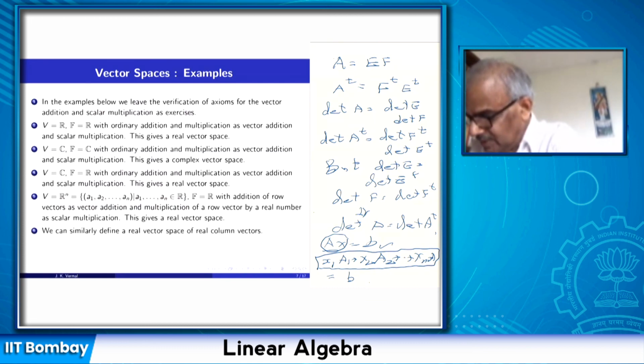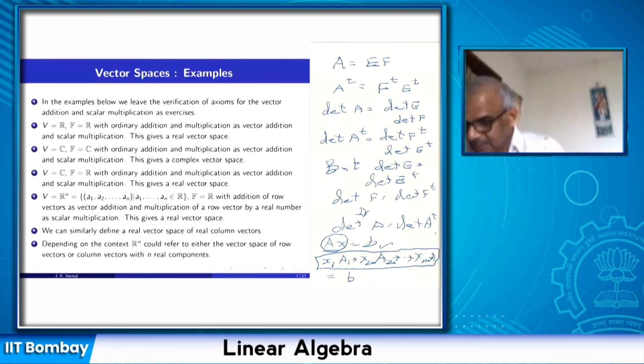Similarly, we define the real vector space of real column vectors. Depending on the context, Rn can be the vector space of row vectors or column vectors with n real components. The context will tell you which one Rn is representing. The same notation will be used.